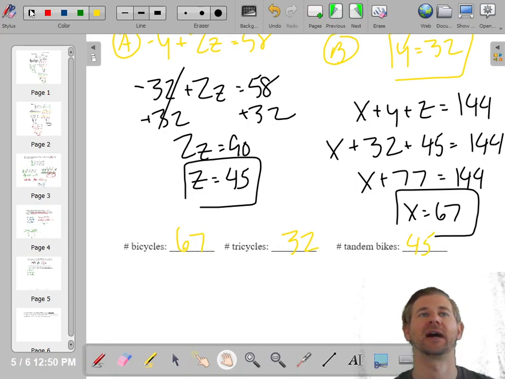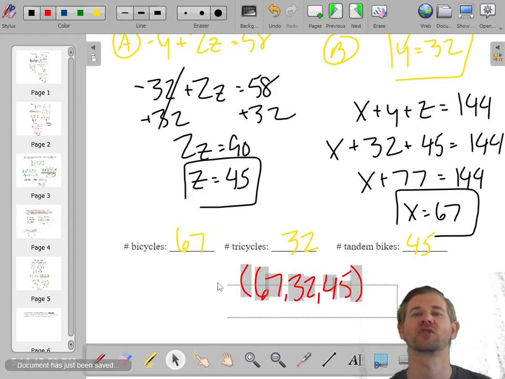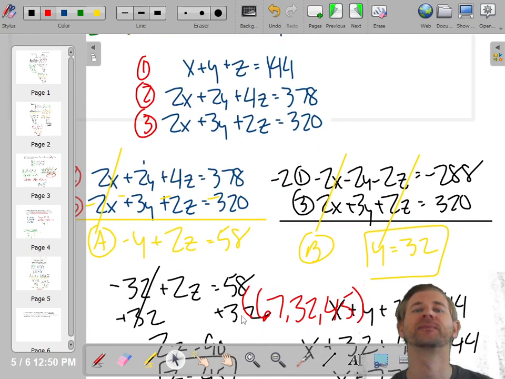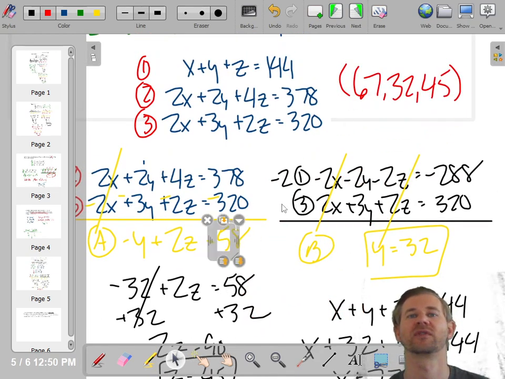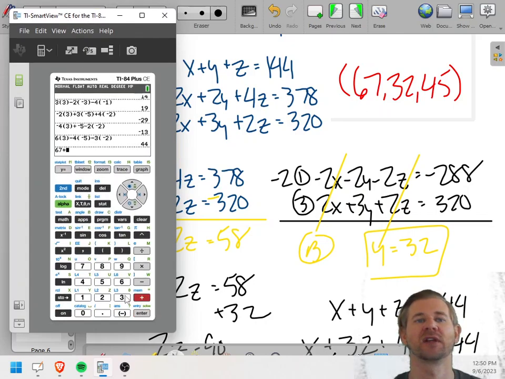And because I am so convinced this is worth your time, I'm going to check my answer. I'm going to write it as an ordered triple just to make it easy to see. All right, come on. Did all that work. It's worth taking the 2 seconds to check it. 67 plus 32 plus 45 better be 144.